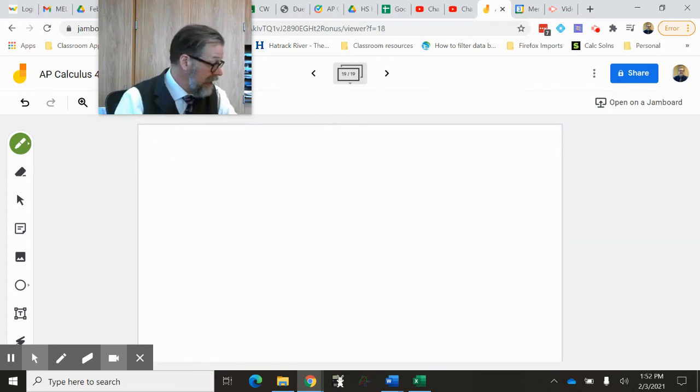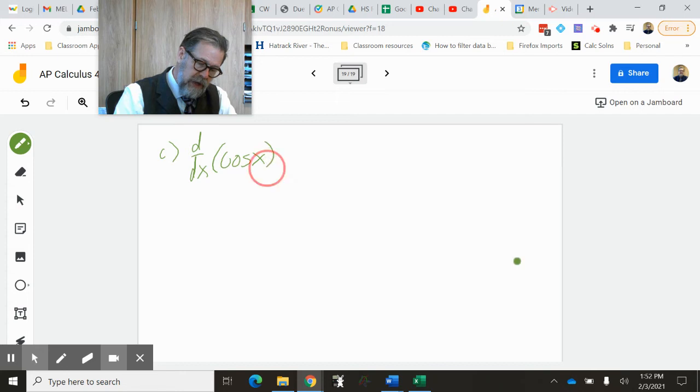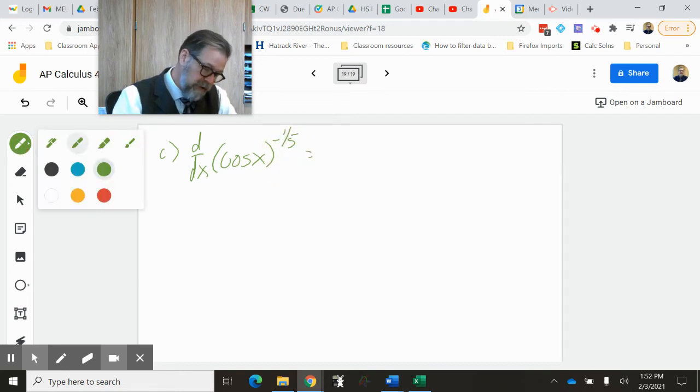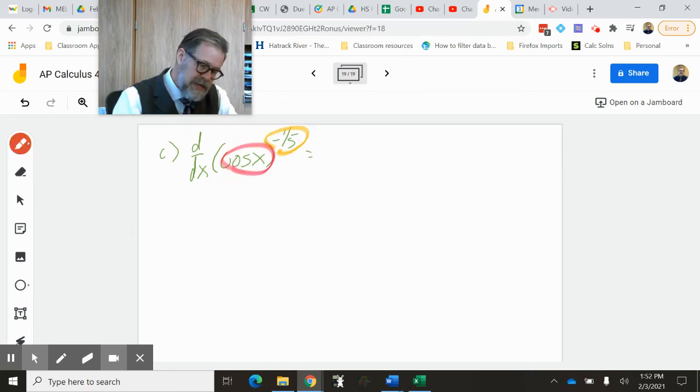Let's see, another one. Let's do the derivative of cosine of x to the negative 1/5. Well, chain rule. So very quickly, let's do outer, inner. The first thing we're going to do is the derivative of the outer.